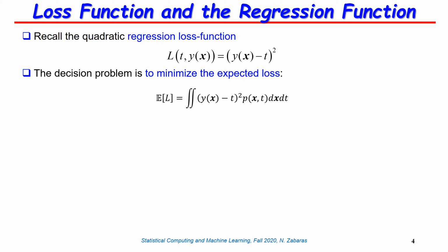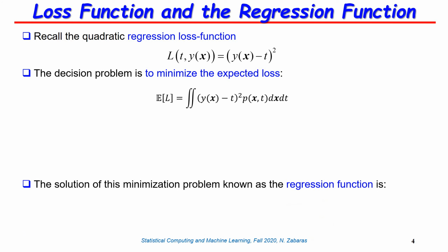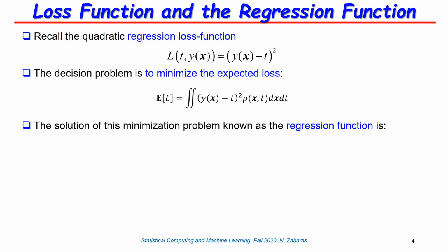Now it turns out that if you solve this optimization problem, the optimal solution is the following regression function: the optimal y of x is the expected value of t given x. This is very important to remember: for quadratic loss, you get this mean of the distribution of t given x.